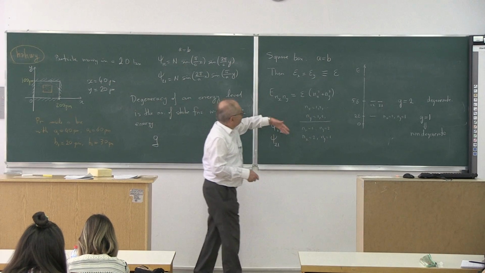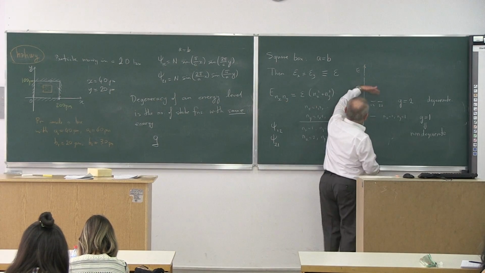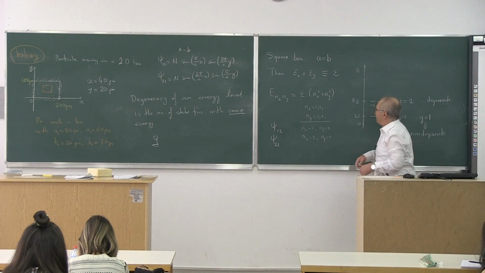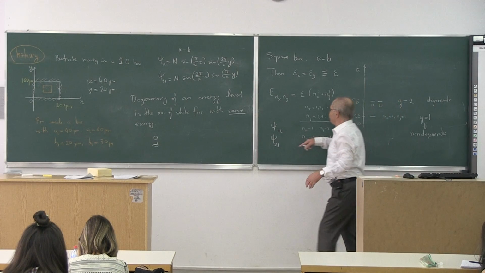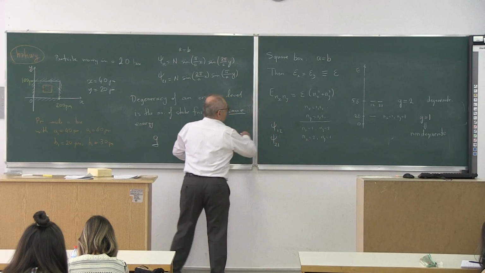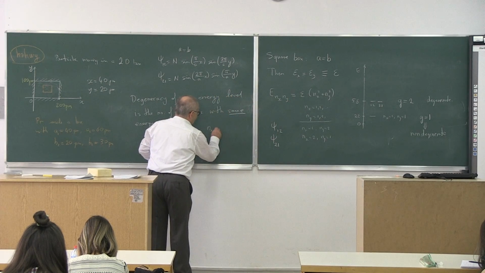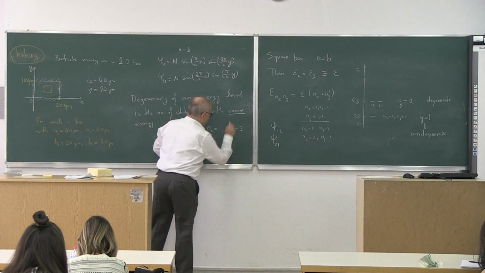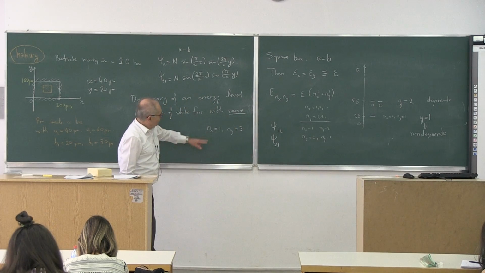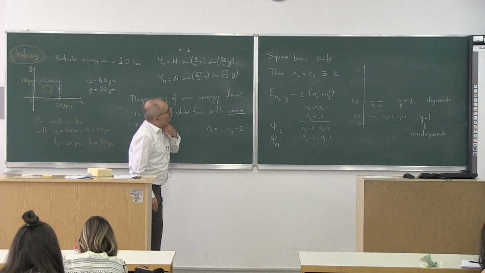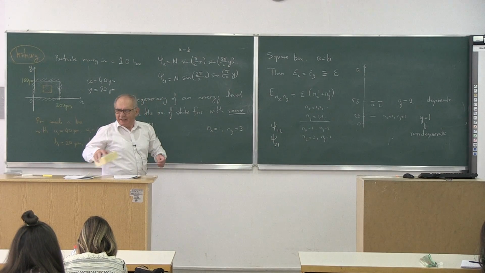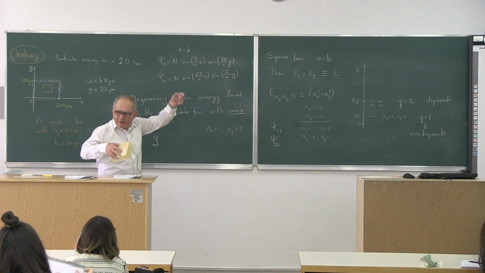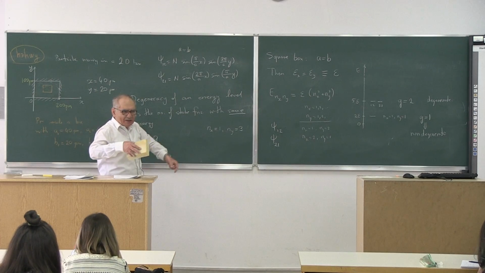Let us look at the next allowed energy level. If we select 1, 3, in fact, let's make it easier to make a table, a list of values.